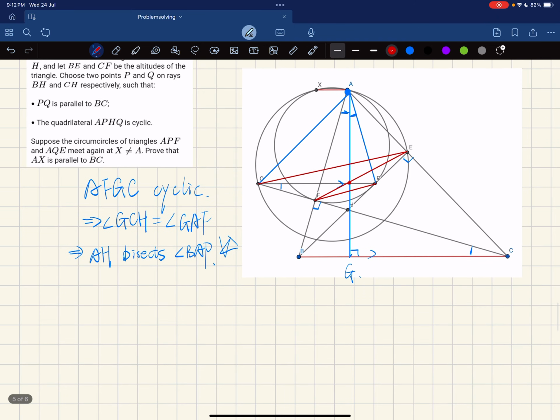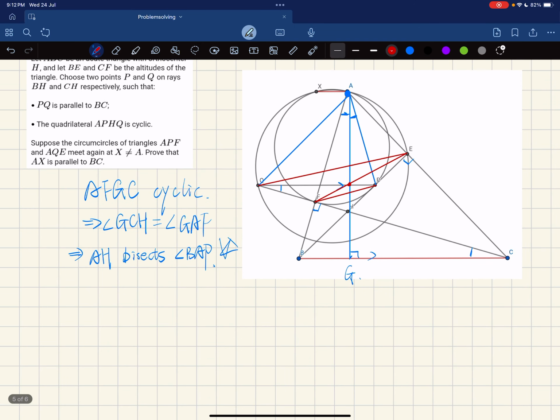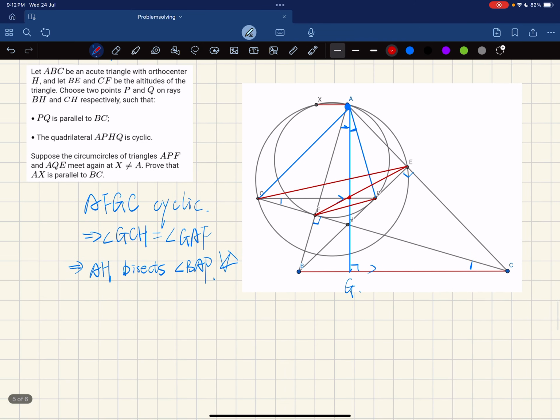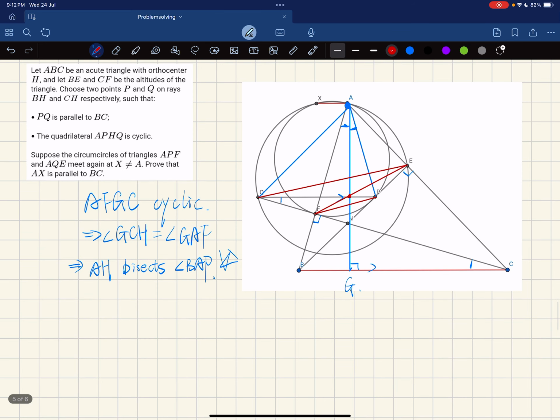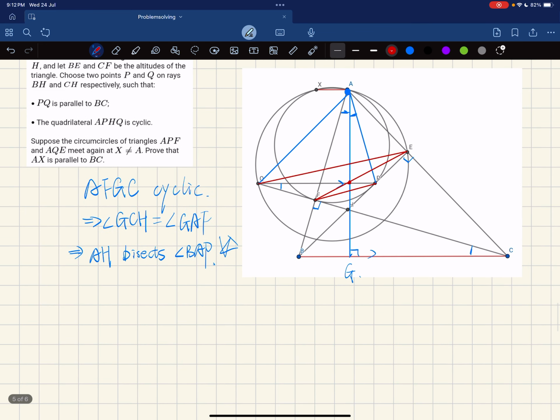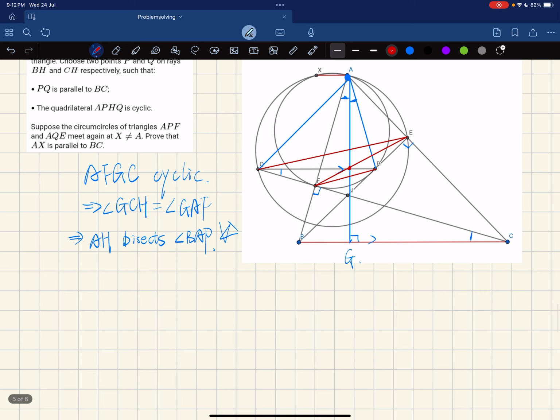So where can we start from? Let's take a look at angle PAQ. Actually it equals 180 degrees minus angle PHQ. Is that right?